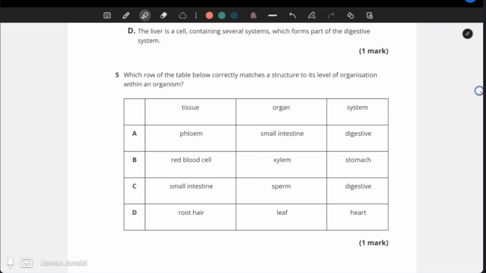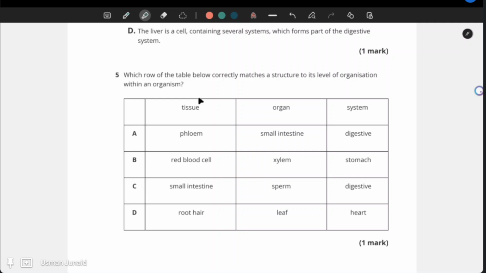Is it a system? What is it? Option A is correct.